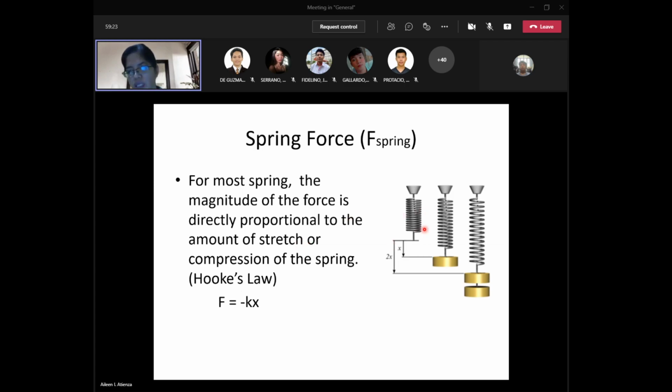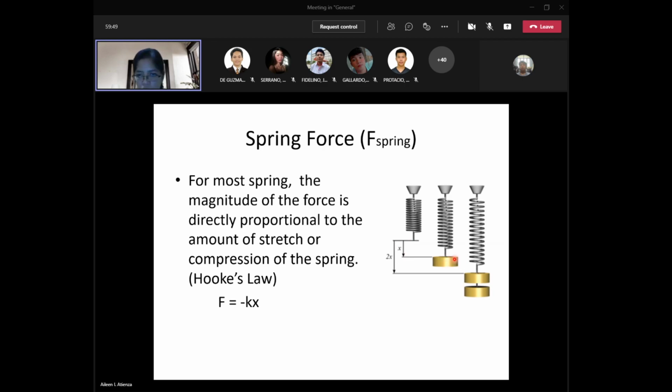Seeing the photo in here, ma'am, this one is the equilibrium position of the spring. When you try to attach a certain mass, of course, you'll be expecting that because of the mass, the spring will be stretched. Okay? It will be pulled down by the attachment of the mass. So you have a certain displacement x in here.